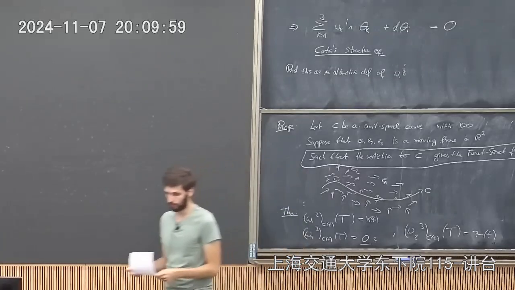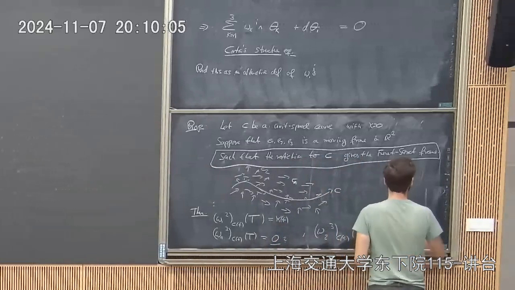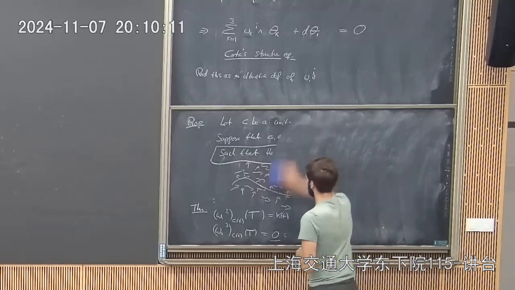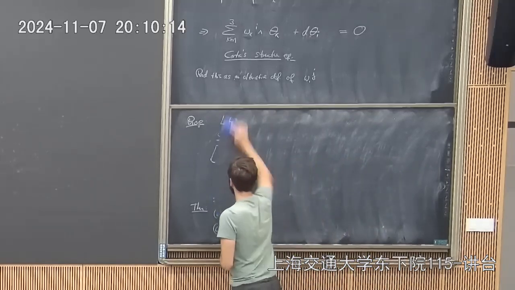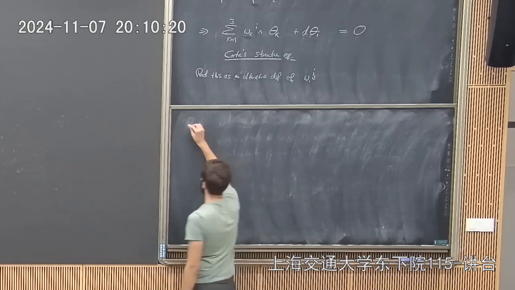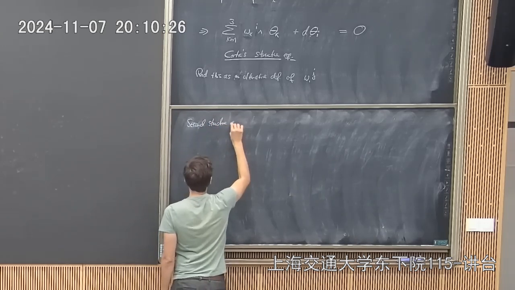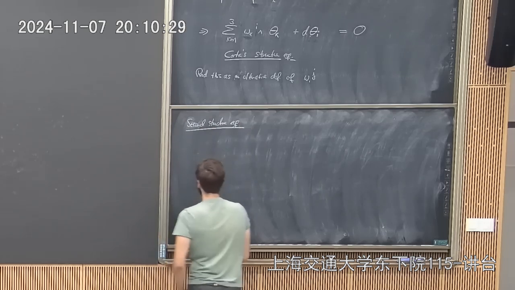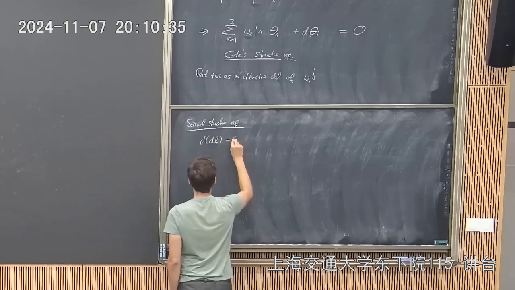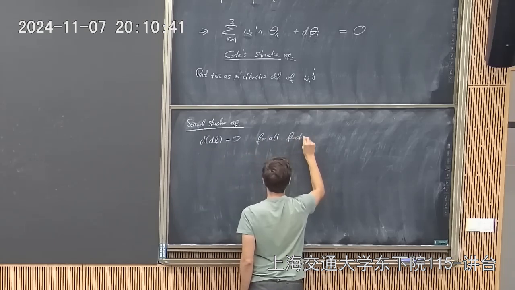And there's a second structure equation. The second structure equation follows from what we saw last time: d of d of f is equal to 0 for all functions.